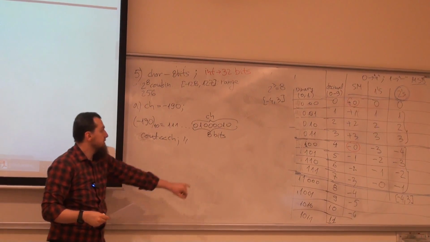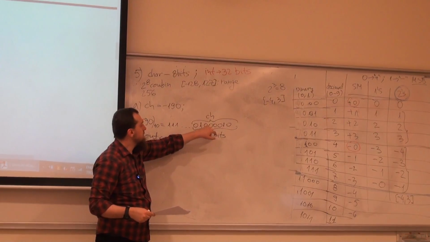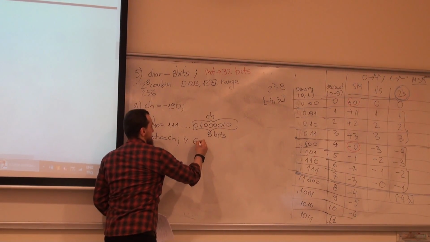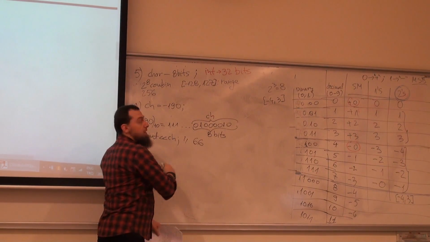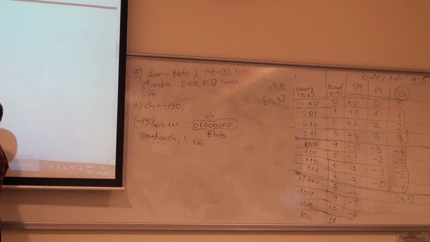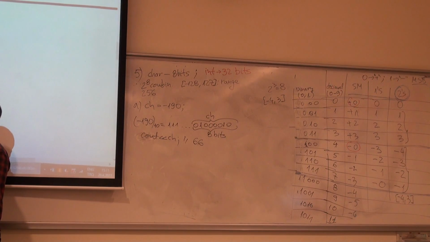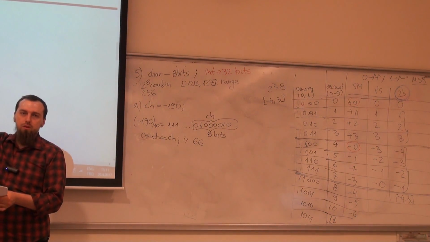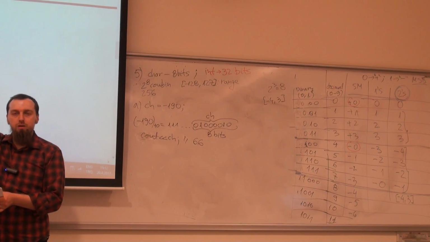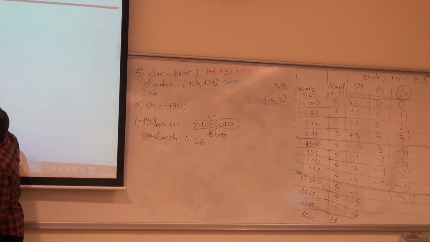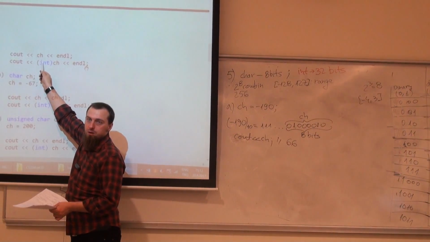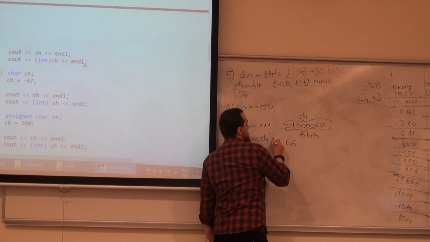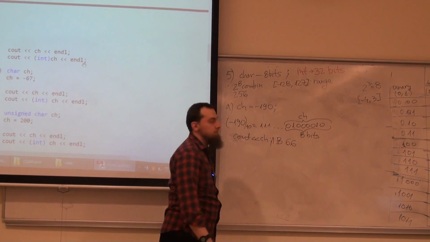It will be 66, yeah. 1, 2, 4, 8, 16, 32, 64, plus 2 is 66. So I'm printing 66. Letter B, first I'm printing the character, but since this is a character I'm using ASCII code, and the value of 66 is actually B. And then I'm converting this character to integer, and when I'm printing it, it's going to be B first, and then 66. Okay?